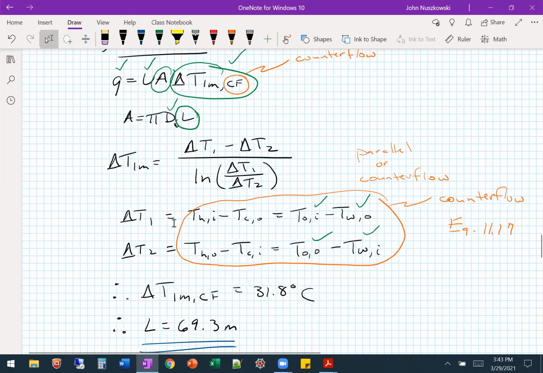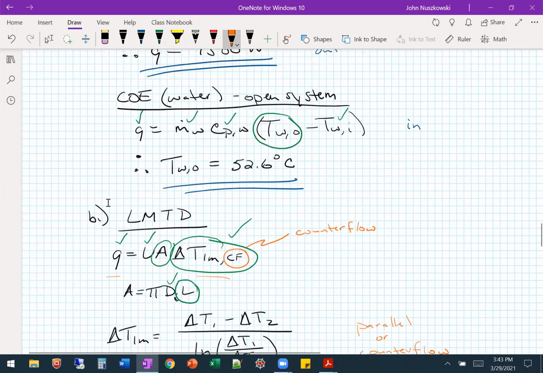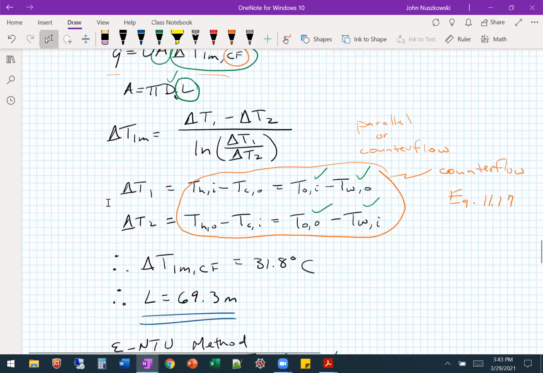An iteration is the only way to solve these sets of equations if you have the performance case, because you need temperatures to get Q, right? So that's where you'd have to iterate these sets of equations to get your answer.